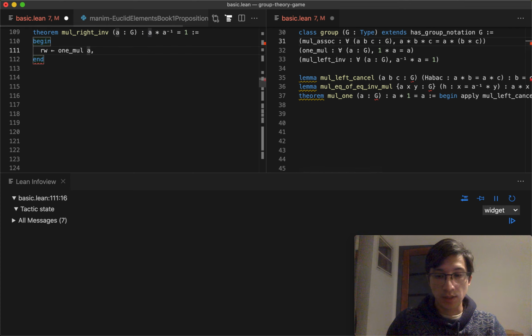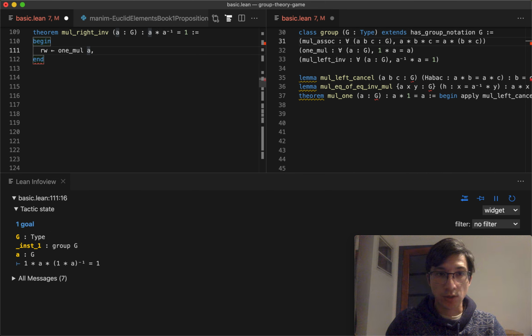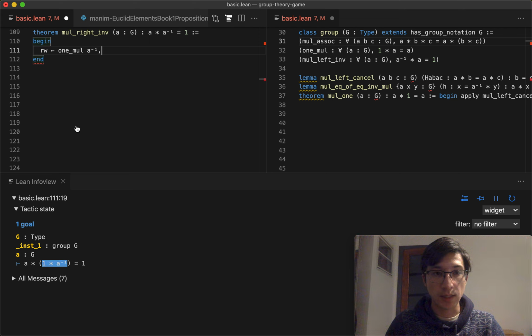We could have here passed in as argument A inverse instead. So let's see how that goes. Okay, so now we have our 1 appear here, multiplying just the A inverse.